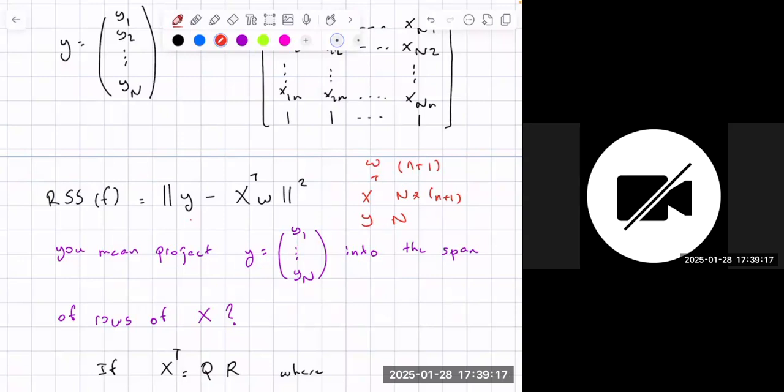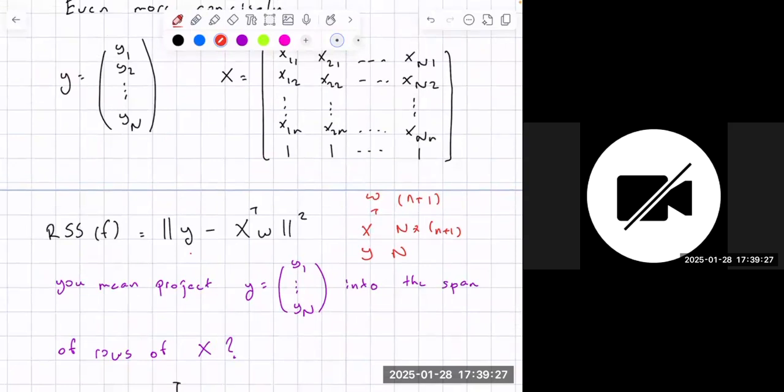What you're actually trying to do is look at the span of the rows of X, or columns of X transpose, and find the best omega so that this thing gets closest to your Y. In other words, you're trying to do a projection. That's about it. You're trying to project your label vector onto the span of your data. That's linear regression. That's what it is all about.